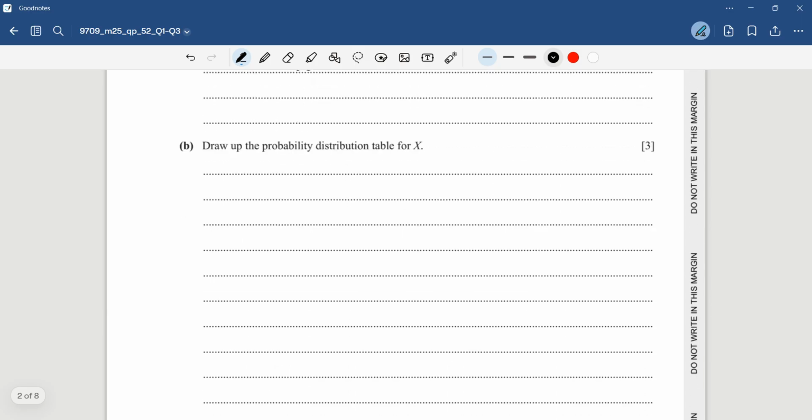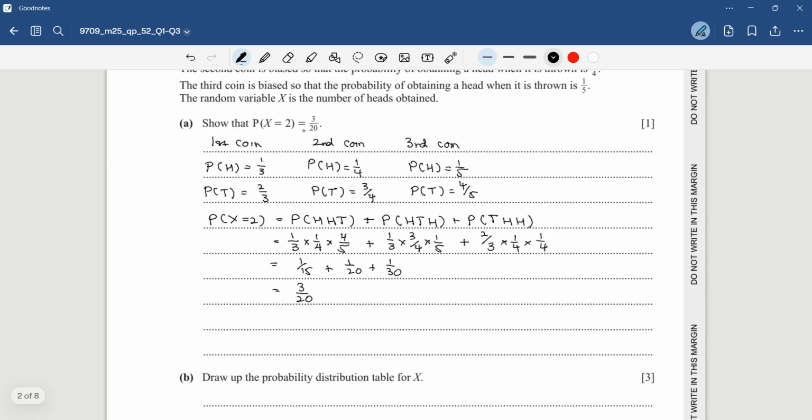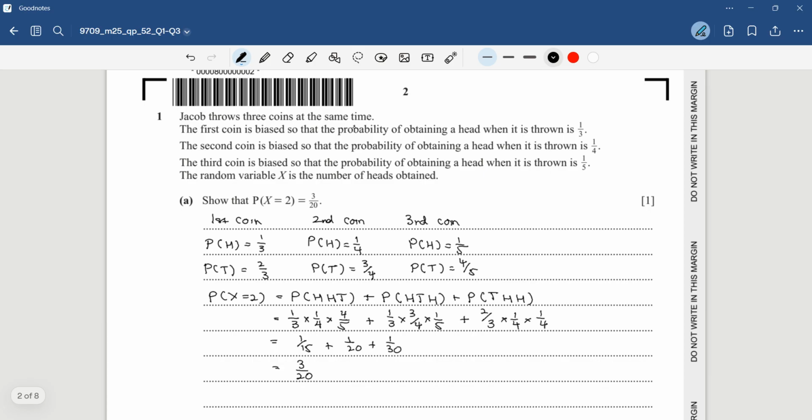Okay, draw up the probability distribution table of x. Okay, so here we have 3 coins in total and he throws them simultaneously, at the same time.